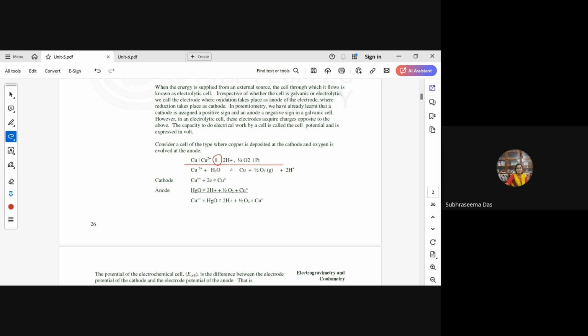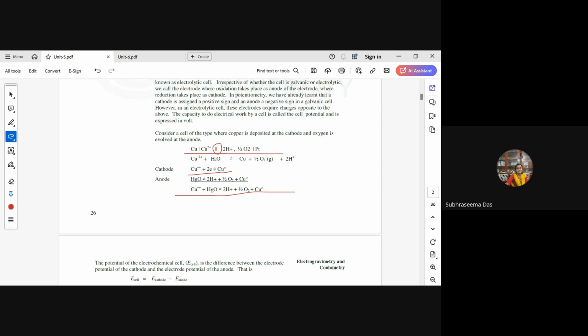At the cathode, the reaction that occurs is Cu2+ plus 2 electrons forming Cu0, whereas at the anode, H2O undergoes oxidation to 2H+ plus half O2. So overall, this is the overall cell reaction that occurs in the cell.